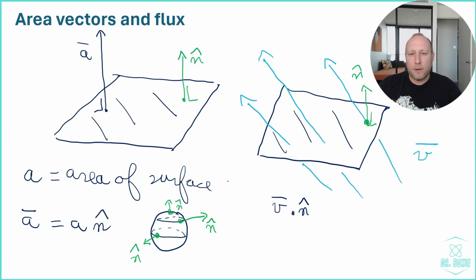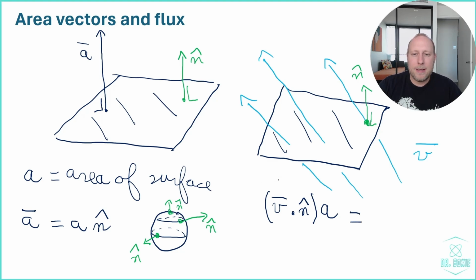But that is not all for the flux, because the flux is a measure of how much vector field passes through the surface. But if we take the same vector field but a larger surface, a larger sheet of surface, there will be more vector field passing through it. So it also depends, it's proportional also to the area itself. And so we define this quantity here as the flux, and notice that A times n hat is the vector A.